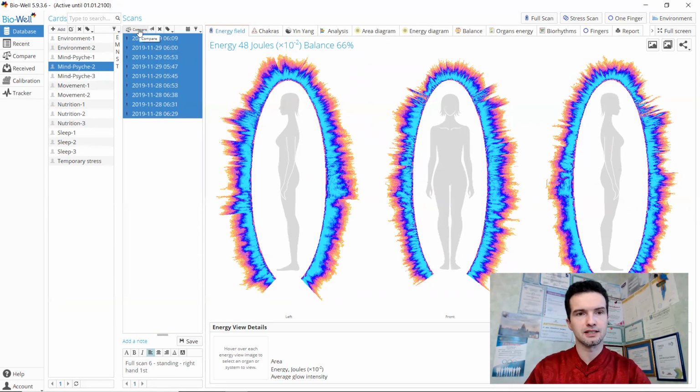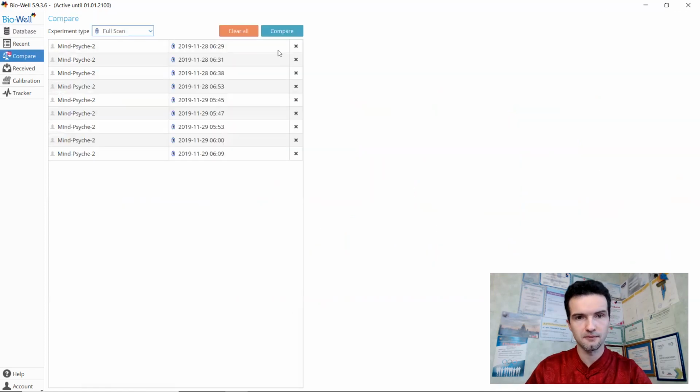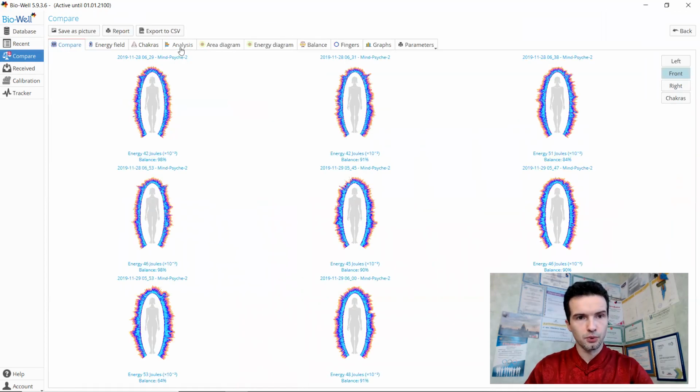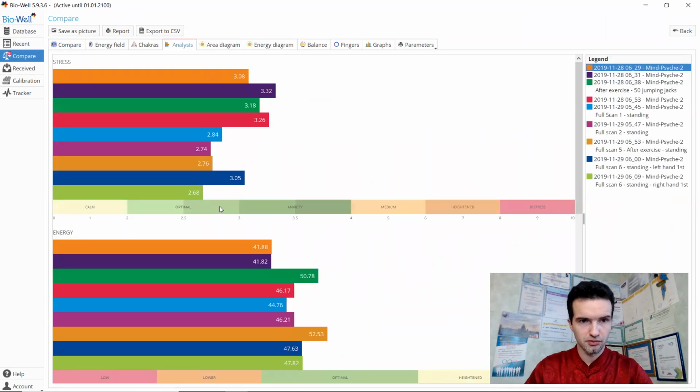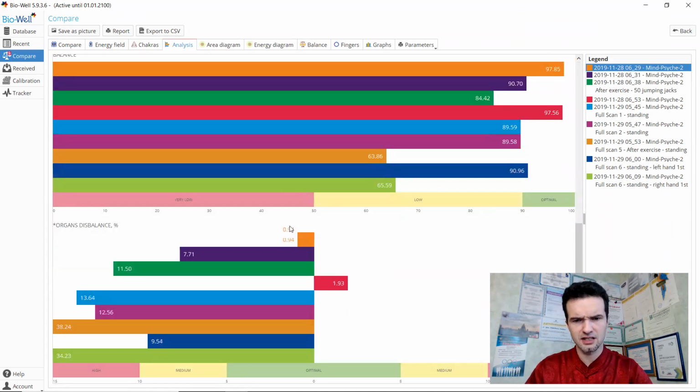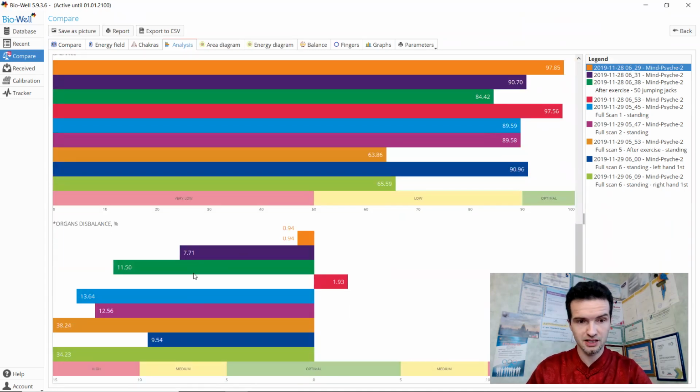So if we send all these scans that were done within 2 days to compare, and we go to the analysis tab, we will see that there's nothing really outstanding here besides the fact that there is almost constant left hand domination, and the left hand is connected with the right hemisphere of the brain and excitation processes.